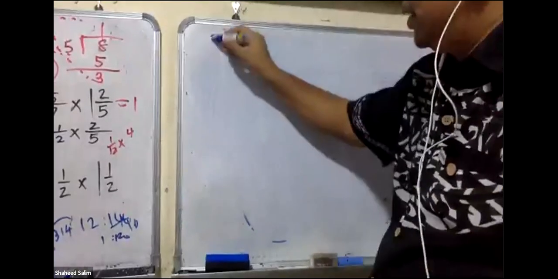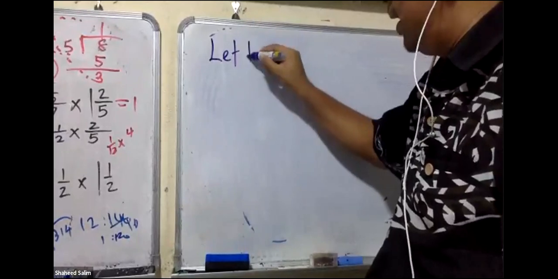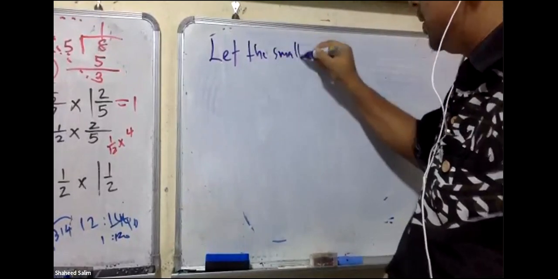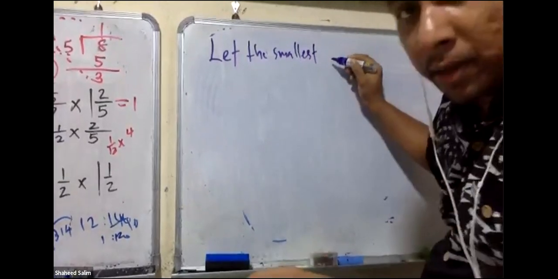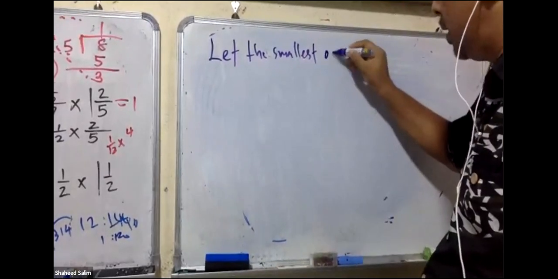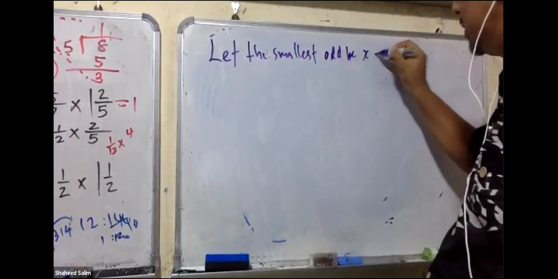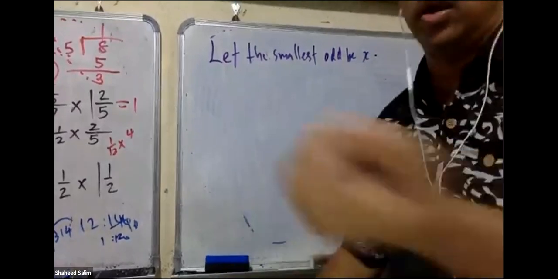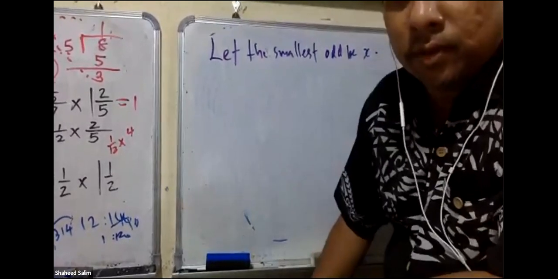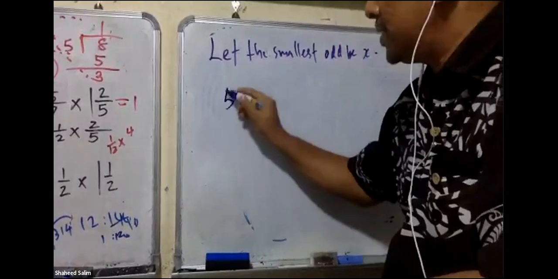You write like this. Let the smallest odd number be x. So you give me an odd number. Just give me an odd number. Example, 5. What's the next odd number?